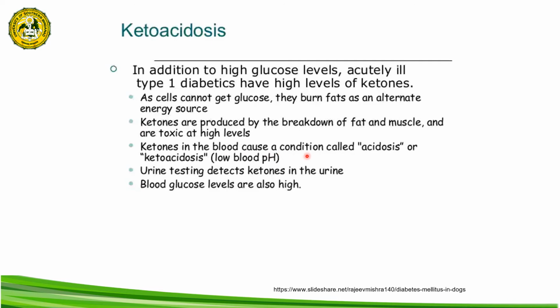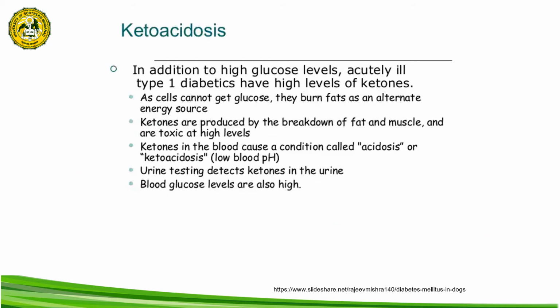Ketones in the blood cause a condition called acidosis or ketoacidosis. This is because ketones are acidic in nature. Urine testing will detect ketones in the urine, and blood glucose levels are also high in diabetic ketoacidosis.